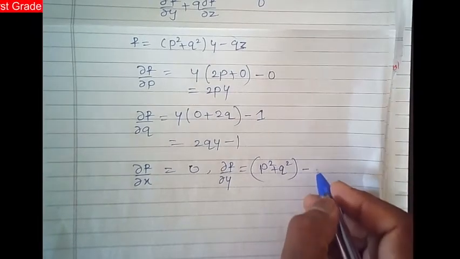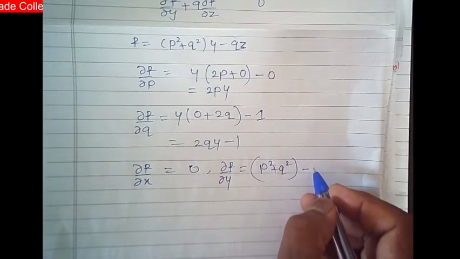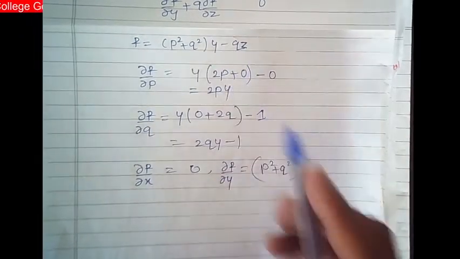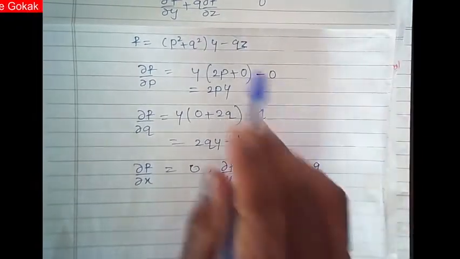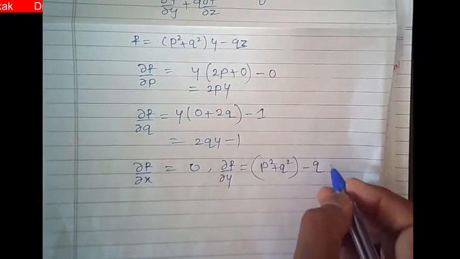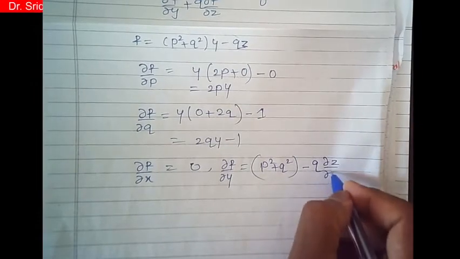And q is constant, differentiation of z with respect to y is dou z by dou y.